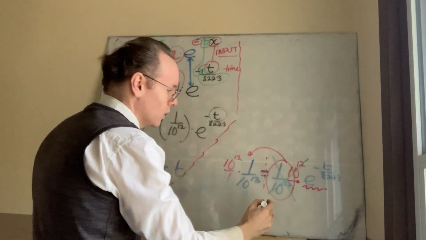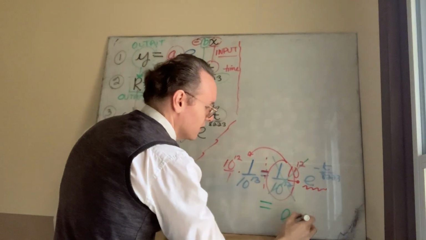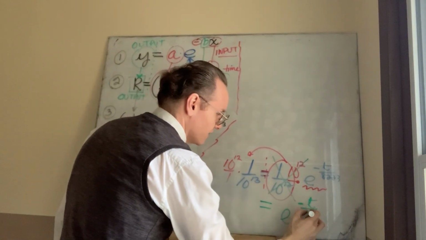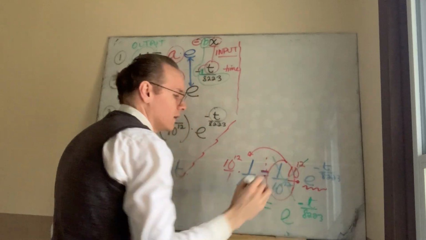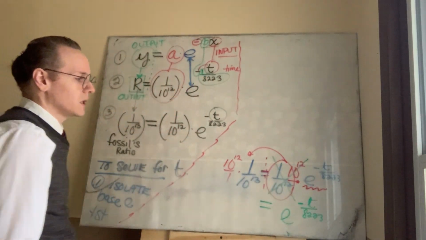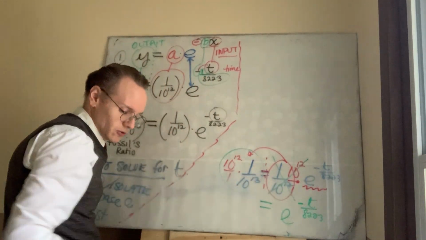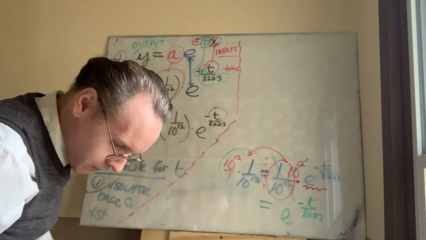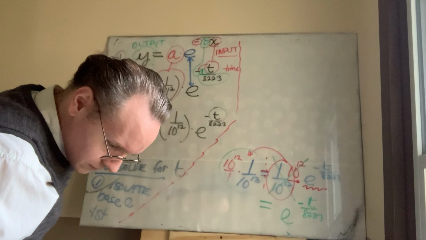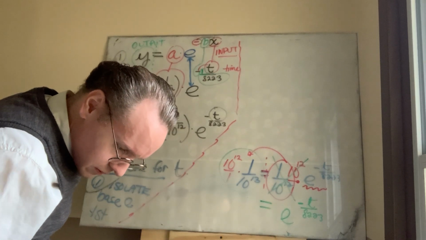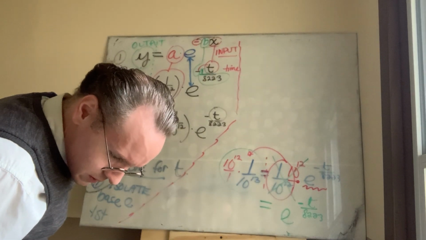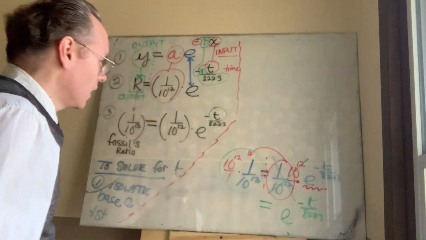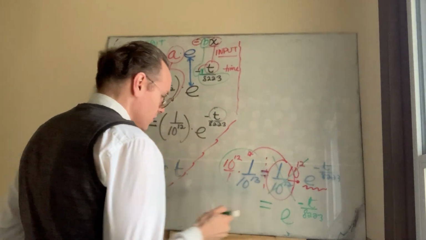That will cancel to 1, and that will just leave me with this, which is really what I was after. e, isolated. These two things I can now straighten out here. Let's see. All right. That leaves me with this.